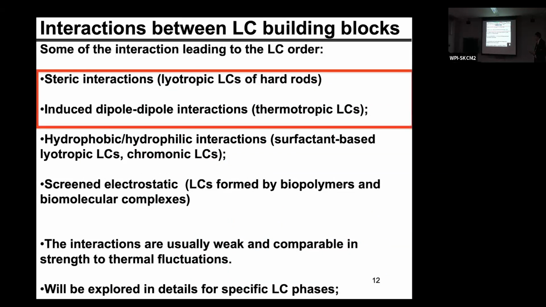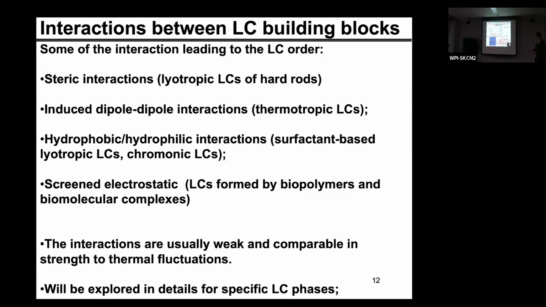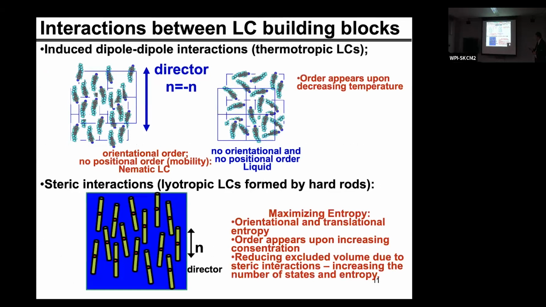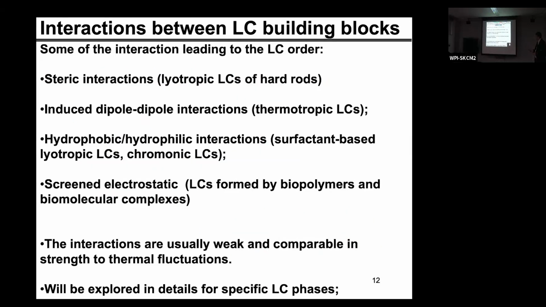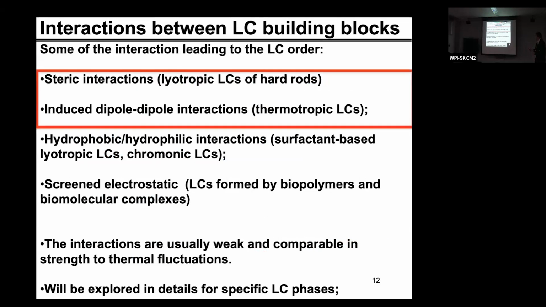And so overall, there can be many different physical interactions that lead to liquid crystalline phase behavior. The two that I showed you in these classic examples of thermotropic and lyotropic liquid crystals, the two that are most common, are the static interactions, or in other words, maximizing entropy for rigid rod-like anisotropic particles or other anisotropic particles, right?